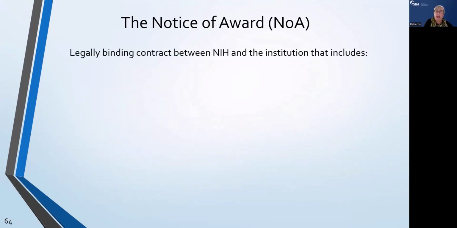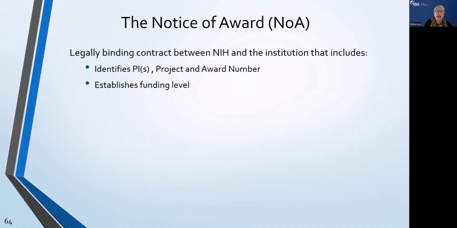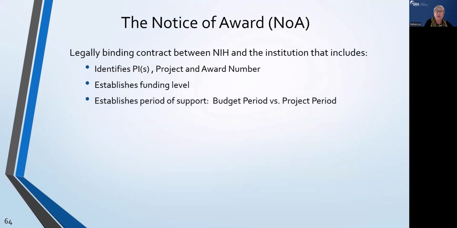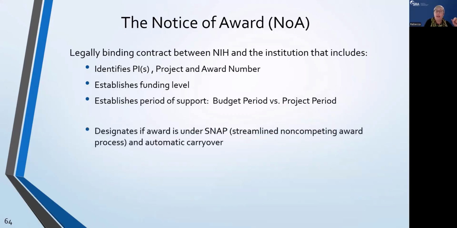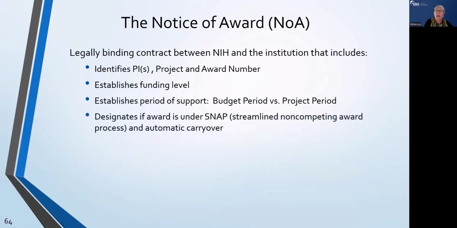The notice of award is a legally binding document, and all of these elements are funded. Know that there are 2 periods listed on a notice of award: there is a budget period, since most grants are given money year by year, and the project period. And again, that's streamlined. I mentioned before the non-competing award process, and generally most grants have automatic carryovers.